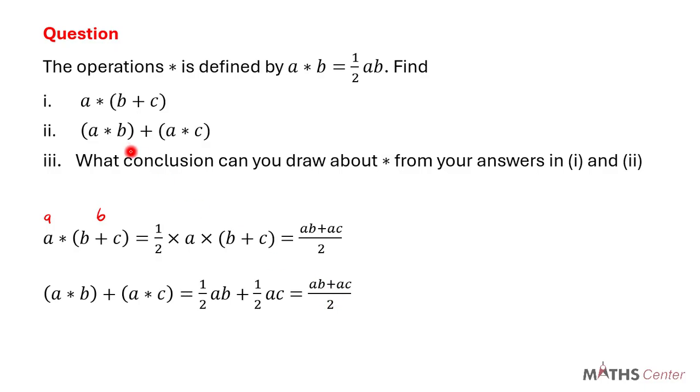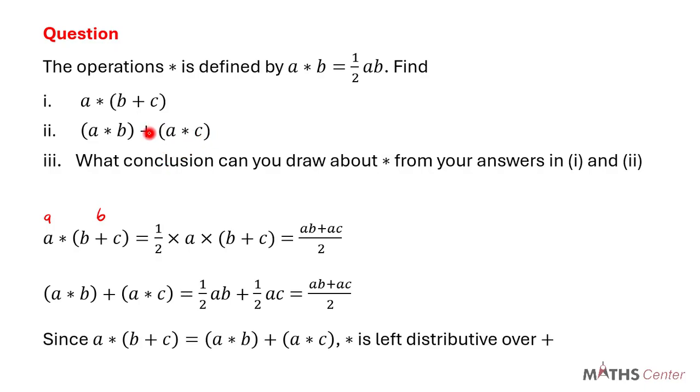So as you can clearly see here, A star (B + C) is equal to (A star B) + (A star C). So what conclusion can we draw from this? We can conclude that since A star (B + C) is equal to (A star B) + (A star C), the binary operation star is left distributive over addition.